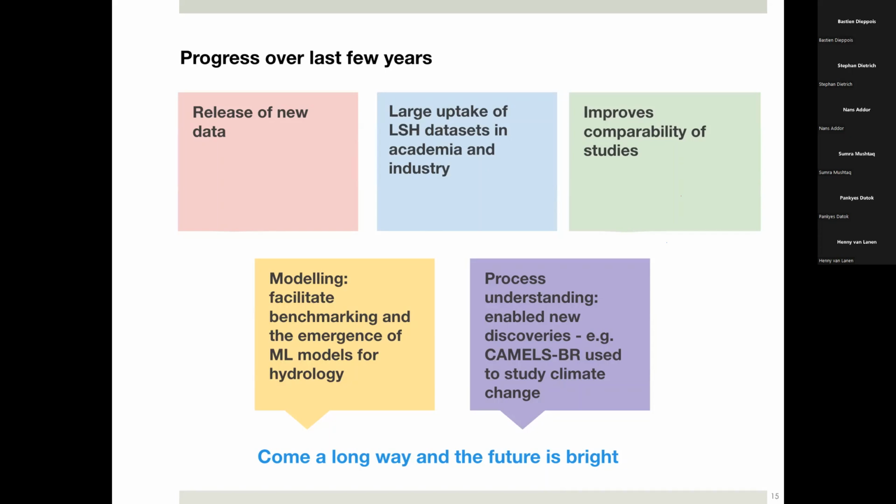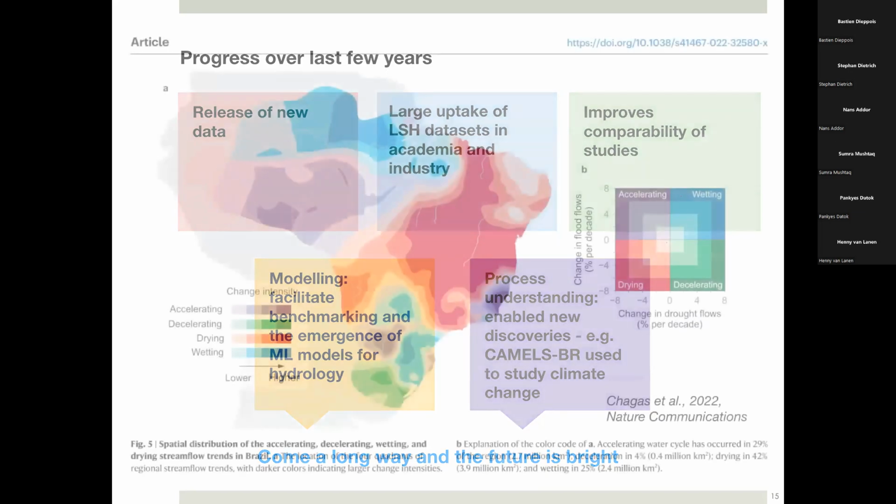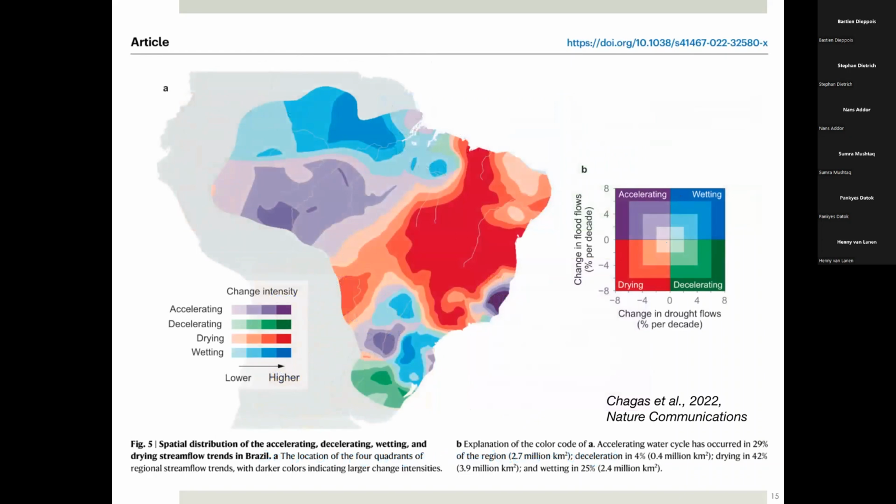And in terms of process understanding, I think these new data have really provided new insights into hydrological processes. And here is just one example. It's a study that was published recently in Nature Communications, and that is based on the flow data from CAMELS Brazil.